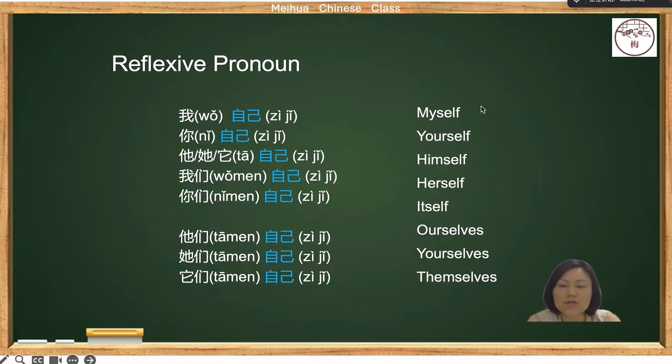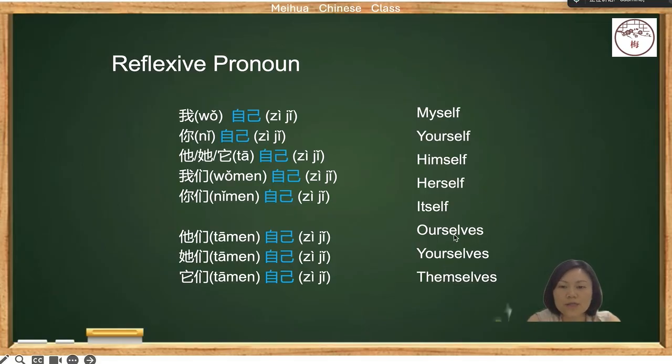In English, we use the suffix self, right, to express the reflexive of each address. Myself, yourself, himself, herself, itself, ourselves, yourselves, themselves.